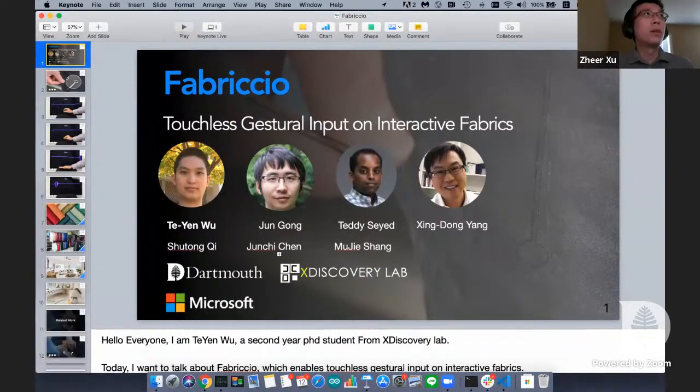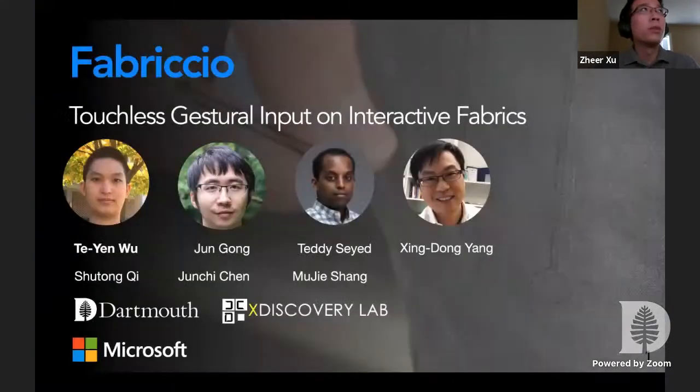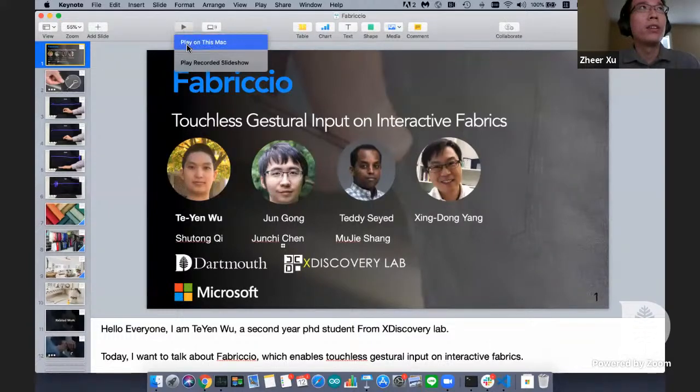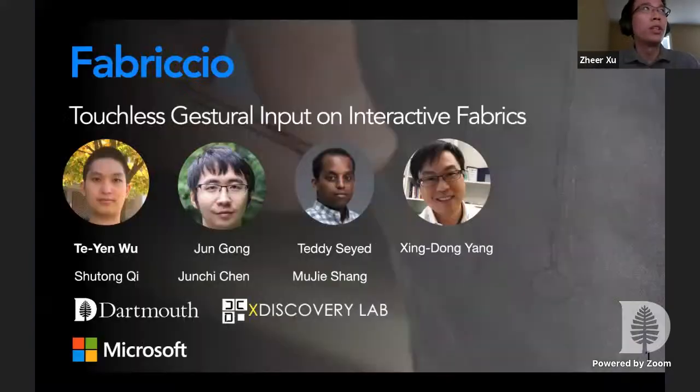The first paper will be Fabricio, touchless gestural input on interactive fabrics. This paper is from Teyan Wu, Shu Tongqi, Junchi Chen, Mu Jieshang, Jun Gong, and Xindong Yang from Dartmouth College, and Teddy Sayed from Microsoft Research. Let's welcome the presenter, Teyan Wu, to bring us this paper.